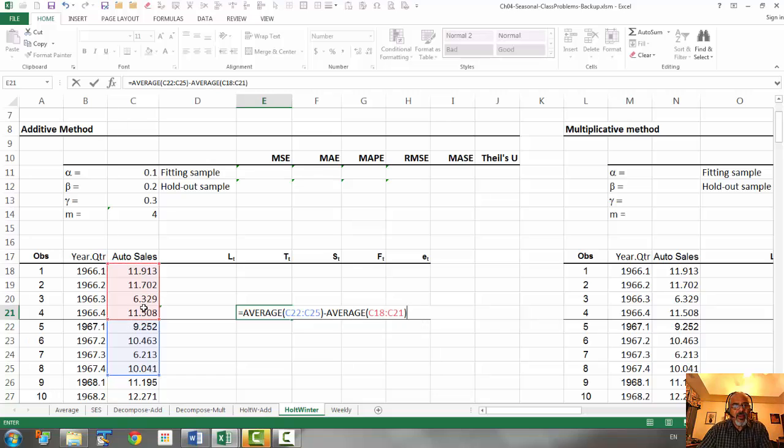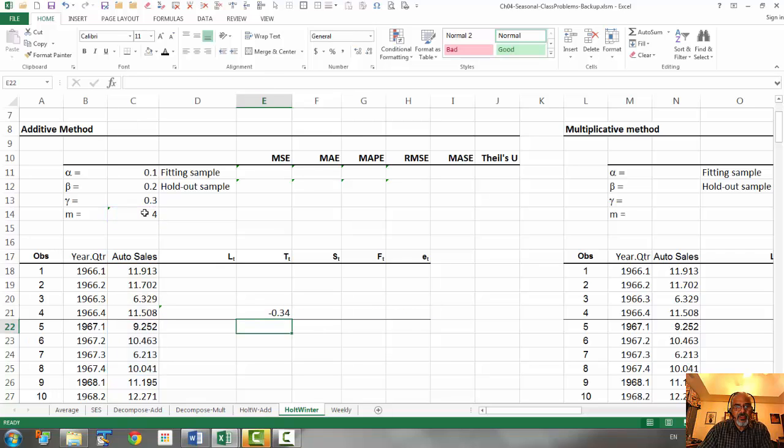Now we have to divide that by the number of seasons, so we need parentheses around this, and then we divide by m. That will give us the initial value for trend.